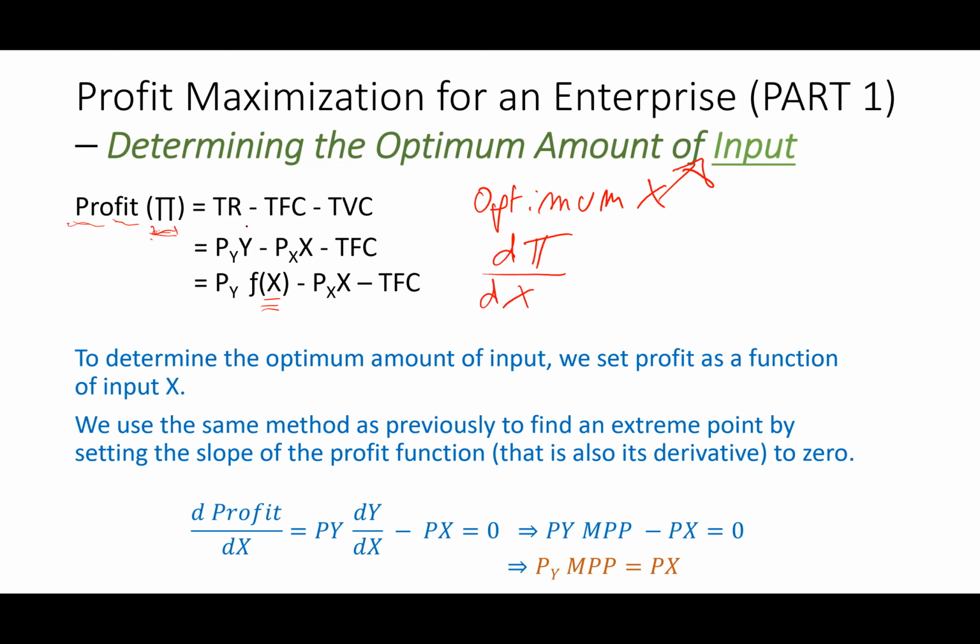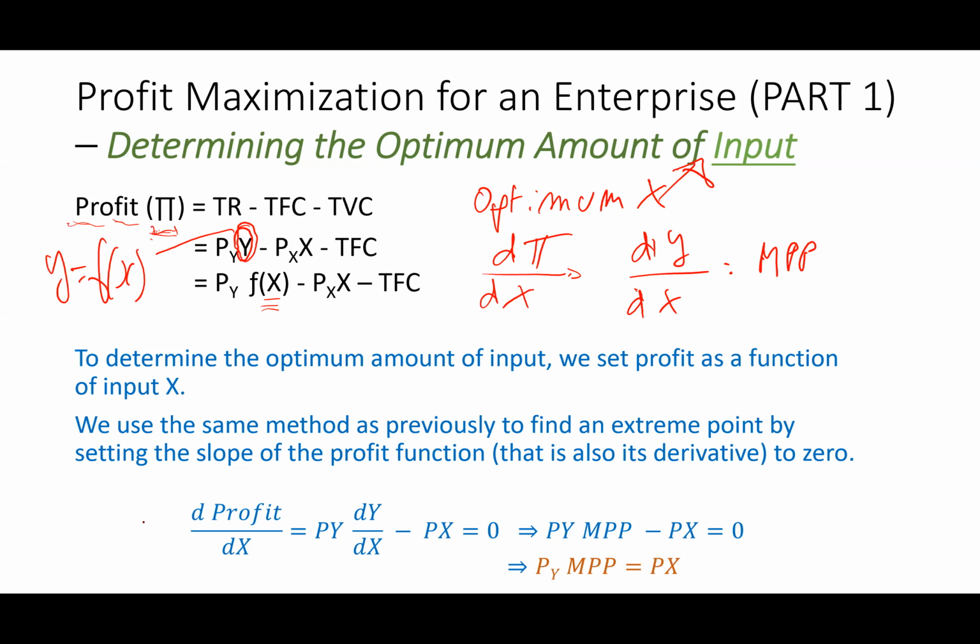So the Y that we have here, the output, we'll define as a function of input, since we know that Y is a function of X. Everything else remains the same. And the derivative of Y with respect to X is, as we know, the marginal physical product.